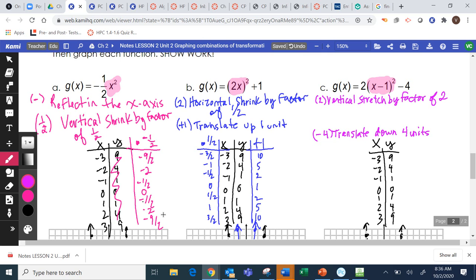And then I'm going to pick Evody. You get to help me with -1. Perfect. Translate right 1.